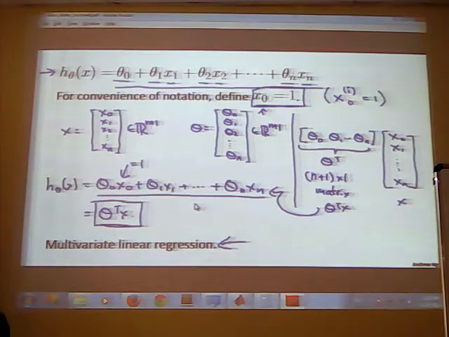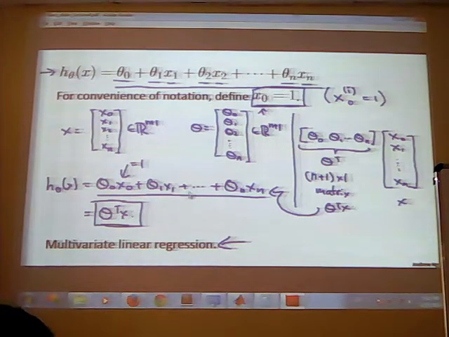So ultimately what we are doing is multiplying the elements of theta with the elements of x. We are multiplying these vectors. So this hypothesis is multiplying these two vectors. To multiply them, we will take the transpose of this theta vector. Why?